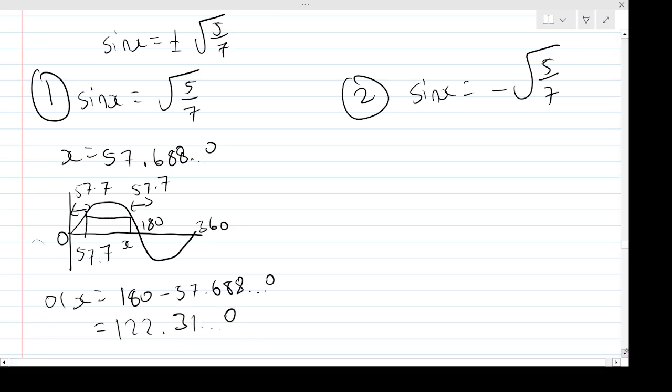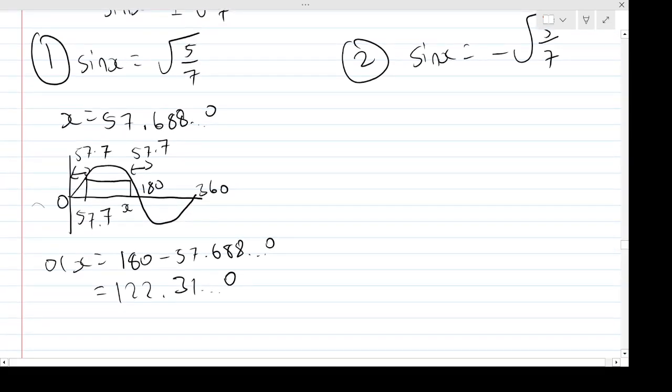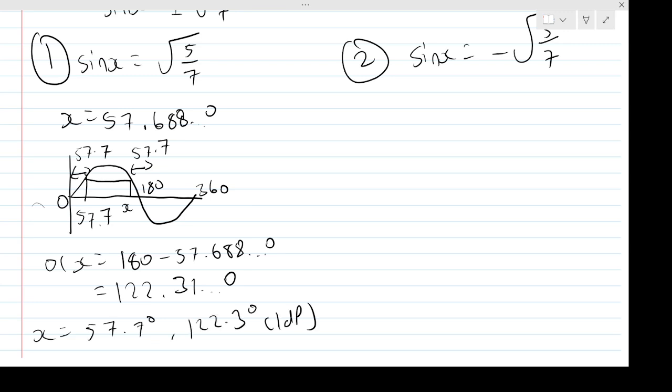So actually then those are the only two values we can see that are between 0 and 360. So overall then x is 57.7 degrees or 122.3 degrees to one decimal place. And there we are. Cool.